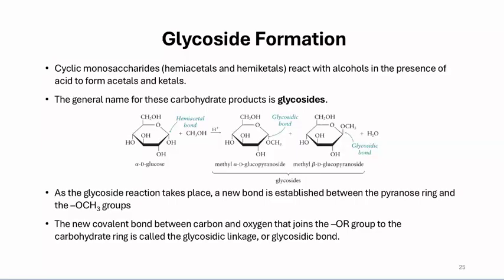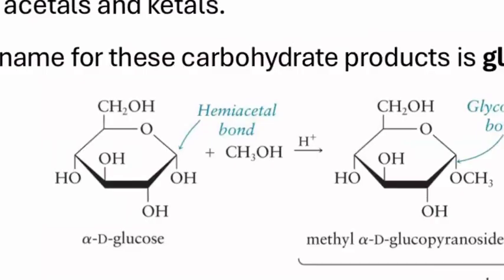Now, glycosides are formed when we take our monosaccharides and bond them to an additional alcohol group. So, for example, here we have alpha D glucose.